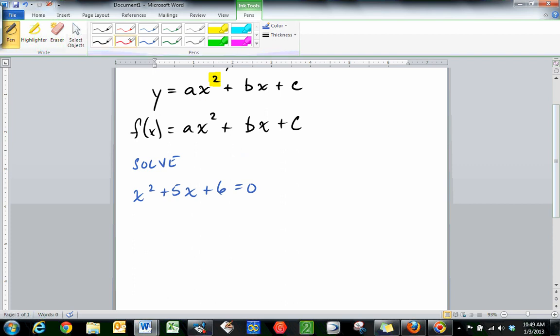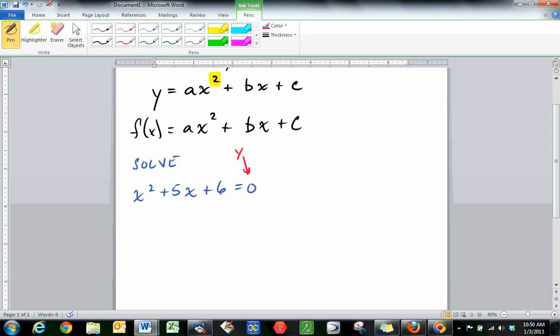So in essence, this 0 has just taken the place of the y. Now, interestingly enough, that's like creating a T-chart, if you will. We've just put 0 in place of y.